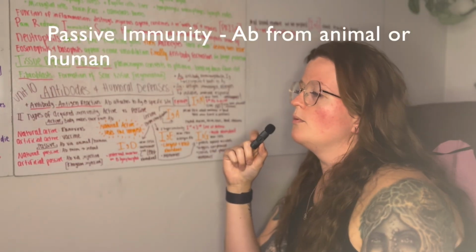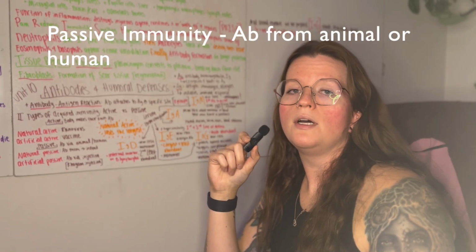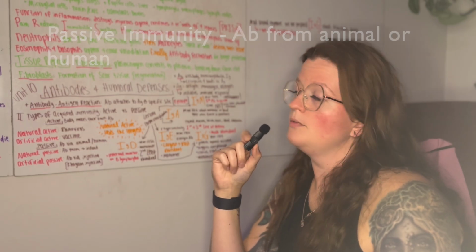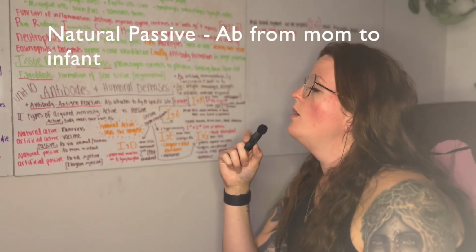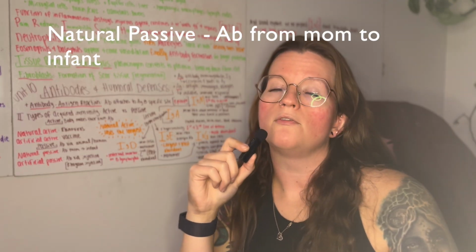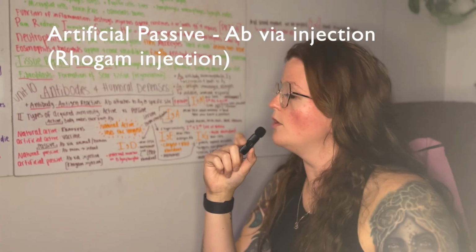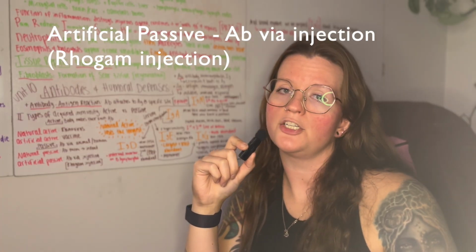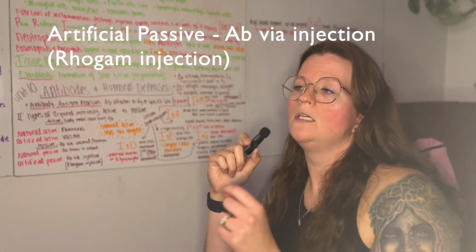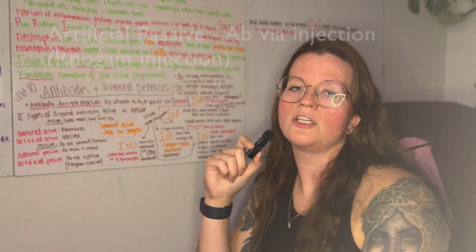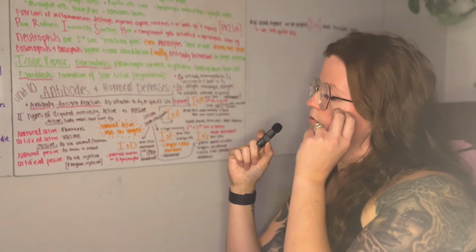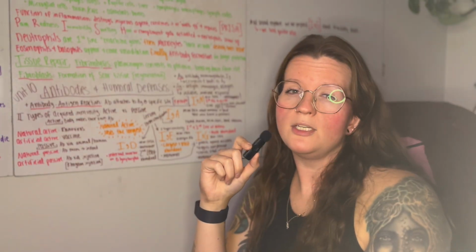Passive is where we're going to get these antibodies from another human or an animal. We have natural passive, where the antibodies are given from mom to an infant. And then artificial passive is in regards to an antibody via injection, a short-lived, if you will, injection. Specifically referring to the RhoGAM injection.